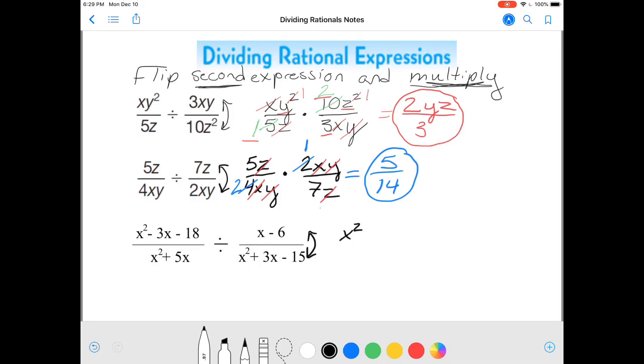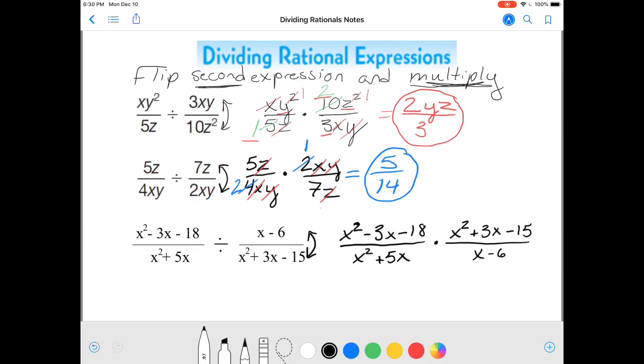So we're going to have x squared minus 3x minus 18 over x squared plus 5x, times x squared plus 3x minus 15 over x minus 6.